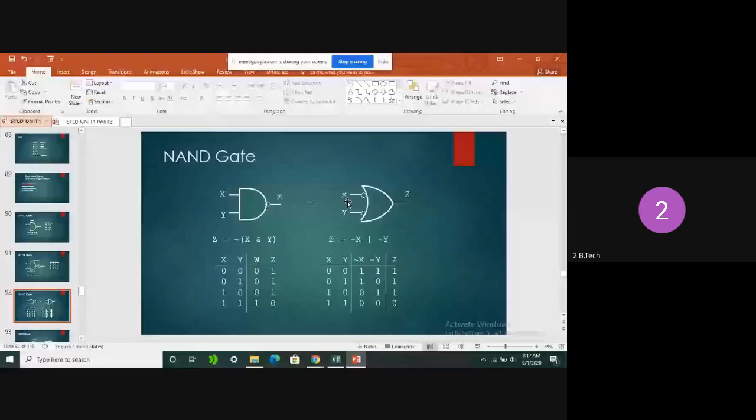Or if you provide an inverse of the inputs at the OR gate, that is also similar to the NAND gate. We discussed this example clearly in yesterday's session. If you provide inverted inputs to an OR gate, the output will be the opposite of the AND gate. So for the NAND gate we can use both symbols. The bubbled OR gate is also called the NAND gate.